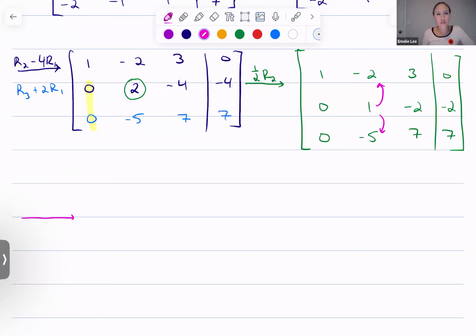So to change -2 into a 0, we're using the 1 from row 2. I need to do row 1 plus 2 times row 2.